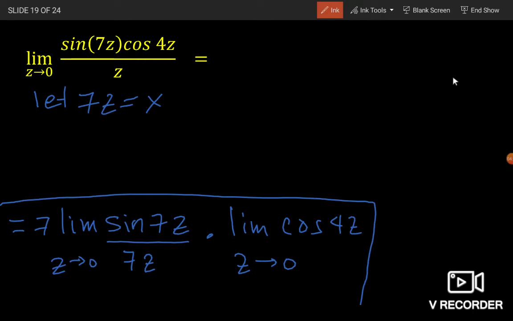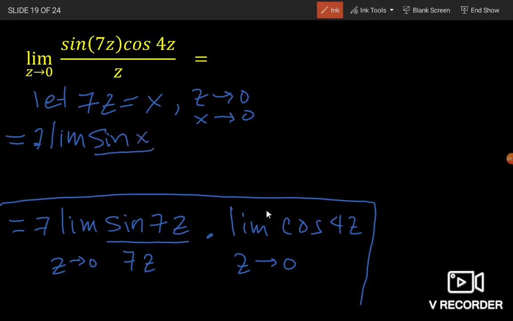So therefore, as z approaches 0, we can say that x approaches 0. So let's rewrite now this whole thing as equal to 7 times the limit of sine of x over x, where 7z is replaced by x, as x approaches 0.